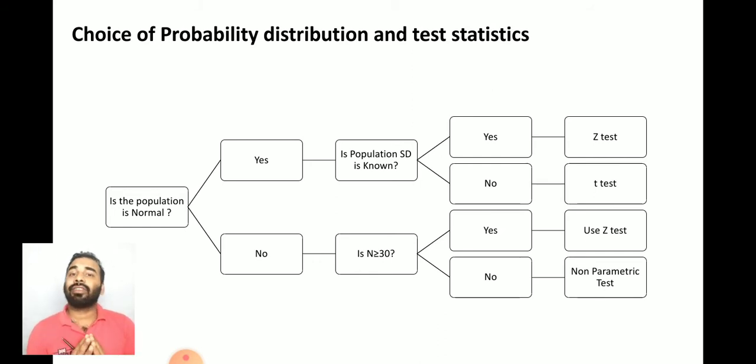If our sample is less than 30, then we have to rely on certain non-parametric tests. What these non-parametric tests are, we will see later. So this is just a flow chart on how to select the t test or z test.